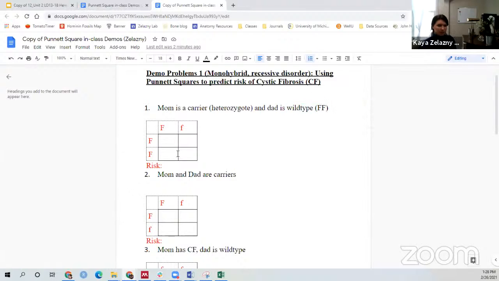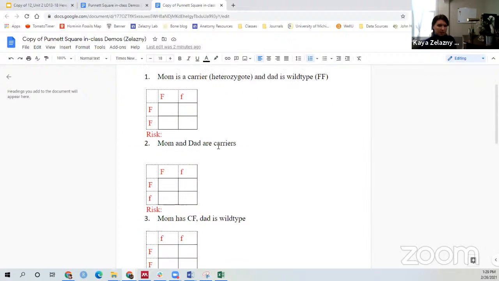Okay, so I made little Punnett squares for each of these. For each of them, I'm splitting up our gametes for mom on top and dad down the side. In this case, we distribute our carrier, so a dominant and a recessive allele, and wild type, a dominant and a dominant allele, and we go through.